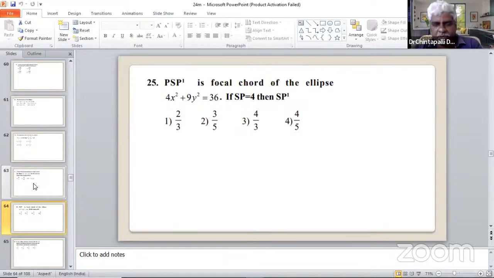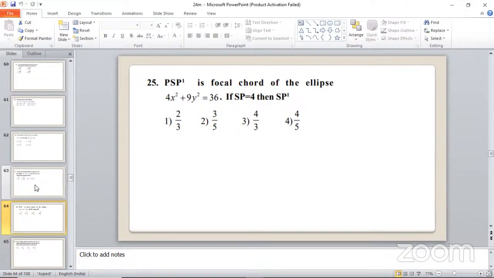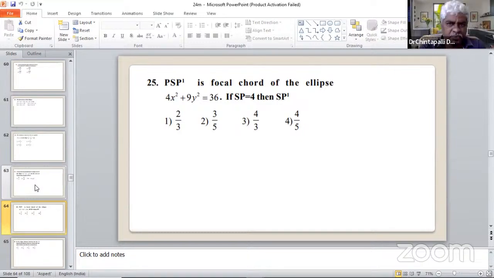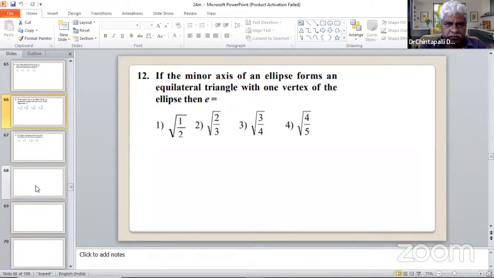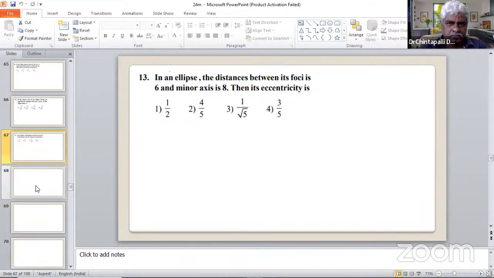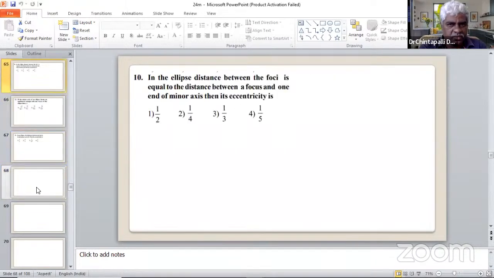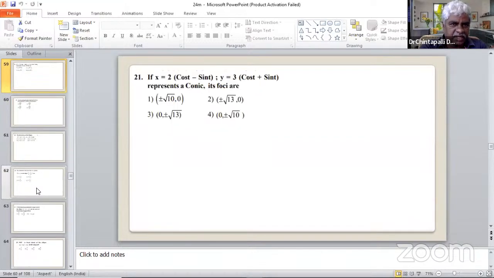Using the same concept, you can solve it. SP is given. It's not the same. No, it is different. We'll see it later.